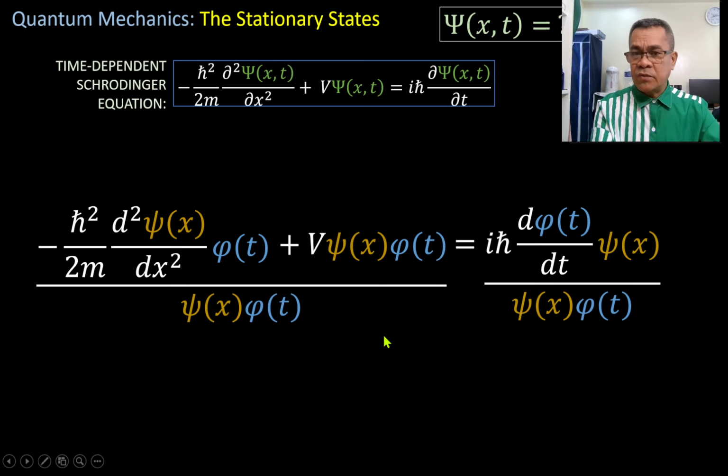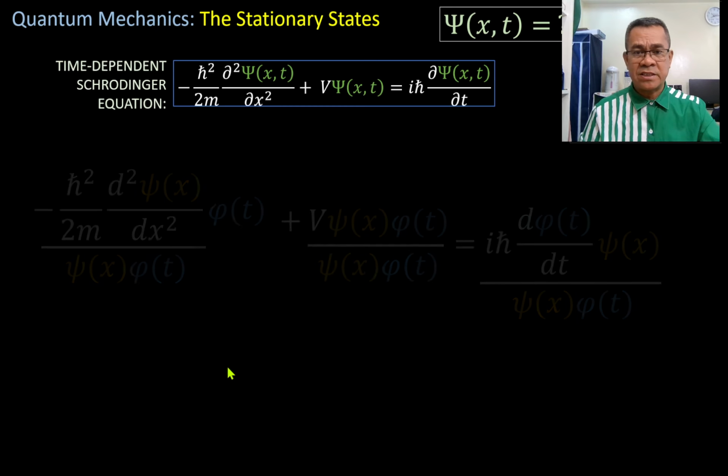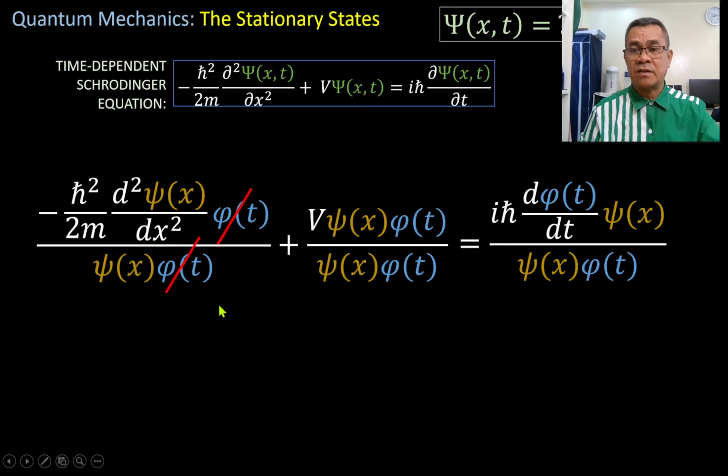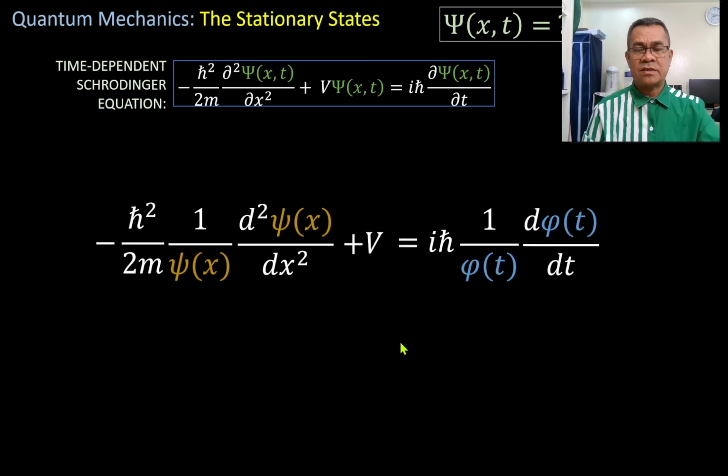Now, in mathematics, we can simply split the fraction. Then notice that we can cancel something. We can cancel the phi(t) in the first term. In the second term, the psi(x) and phi(t) can be totally eliminated. While in the right member of the equation, psi(x) can be removed. Hence, this equation will reduce to that.